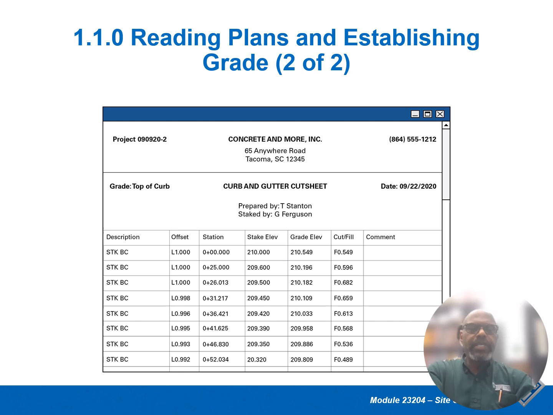This is some of the information you'll find on the cut sheets, the submittal sheets for the curbs, and you can see some things talking about the description, the offset, and the station. Some of this actually comes from the survey equipment, which is designed to determine the position, and it changes in that position.